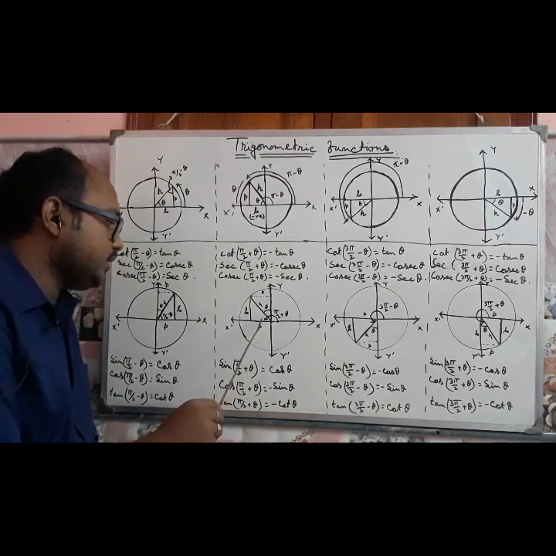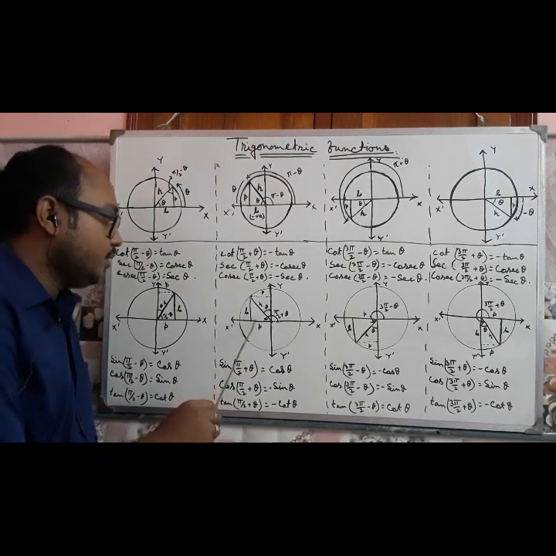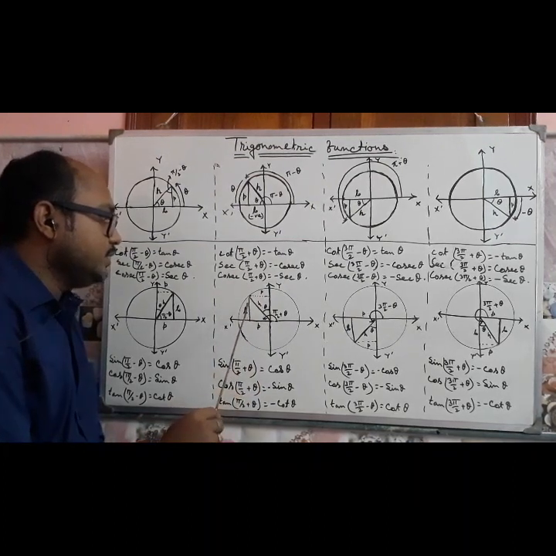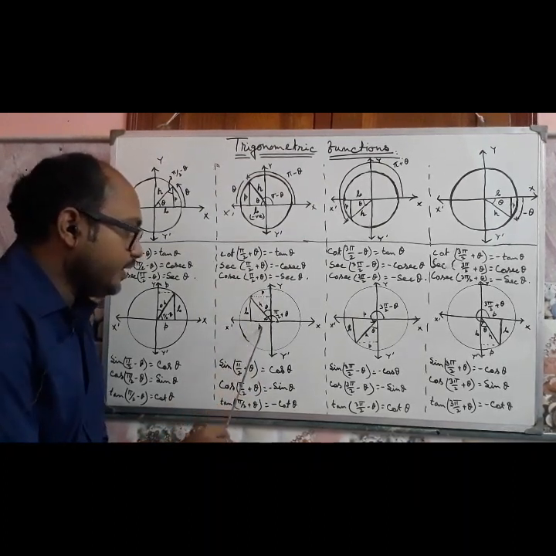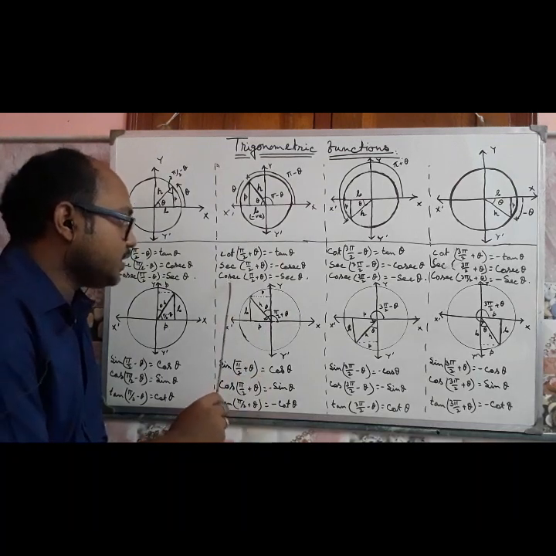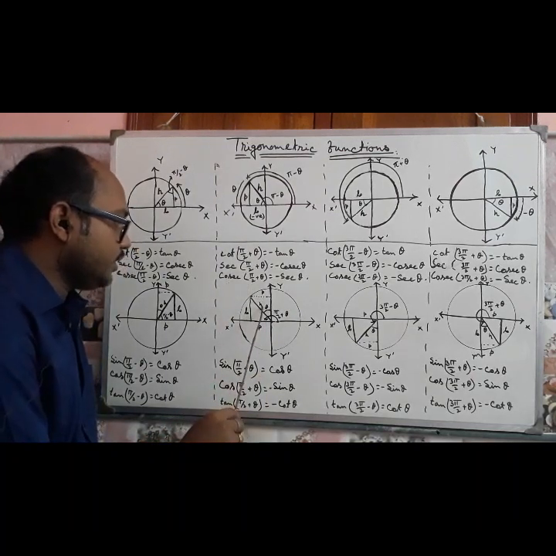Cot(pi/2 + theta) is base by perpendicular, P by B, P is negative here, so minus tan theta. Sec(pi/2 + theta) is hypotenuse by base, that is h by P, P is negative, so minus cosec theta. And cosec(pi/2 + theta) is hypotenuse by perpendicular, that is h by B, both are positive, that is sec theta.